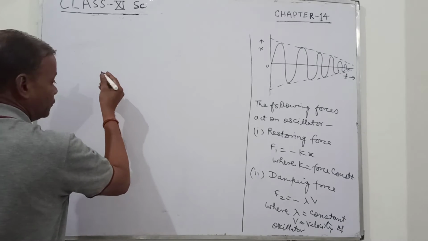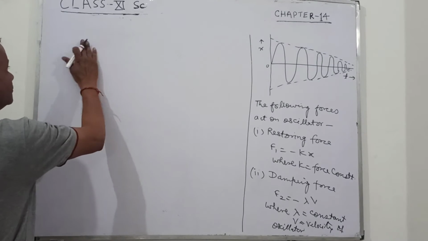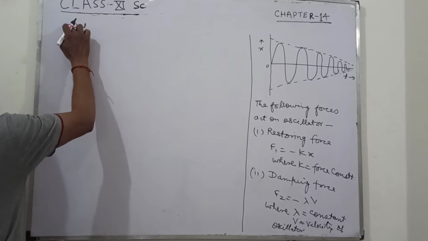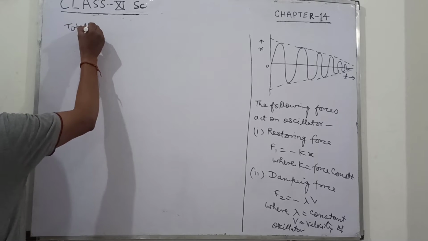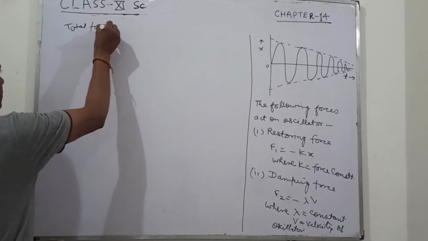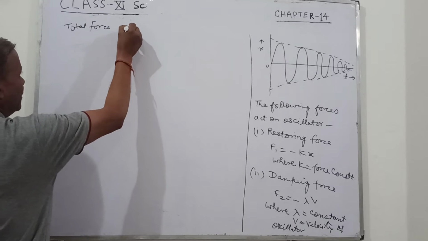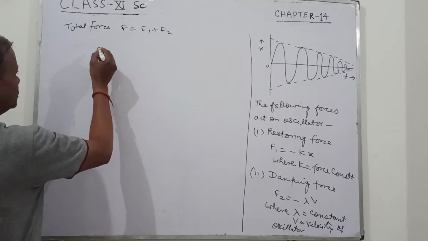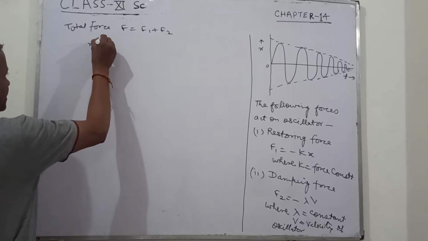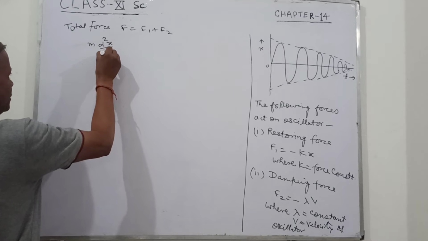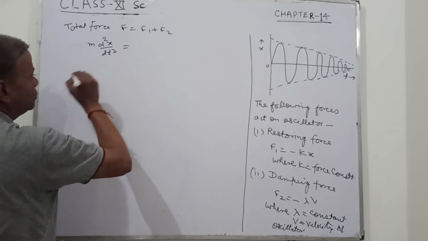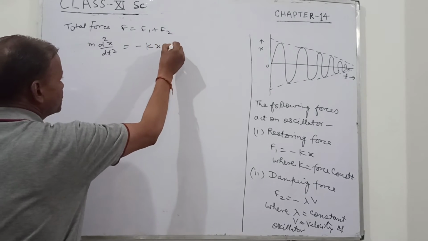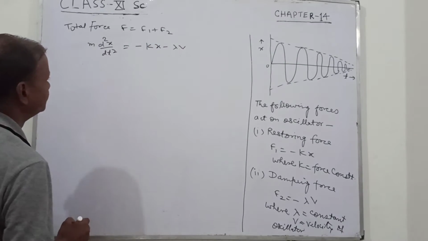So the total force F equal to F1 plus F2. So m d2x upon dt square equal to minus kx minus lambda v.